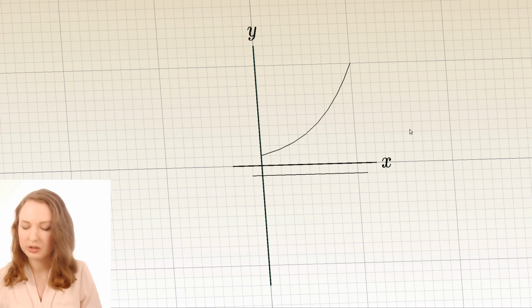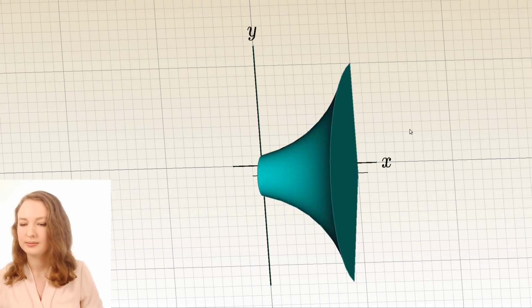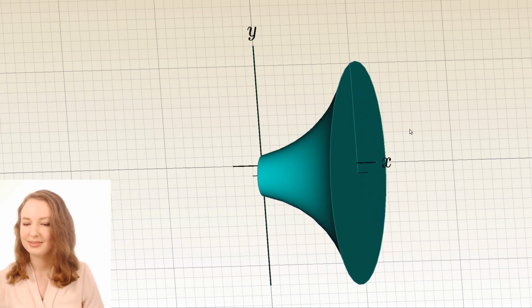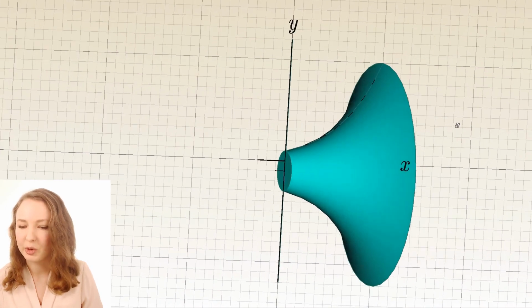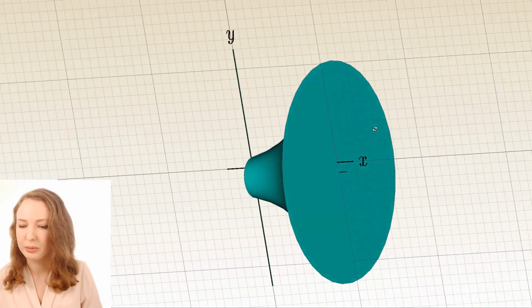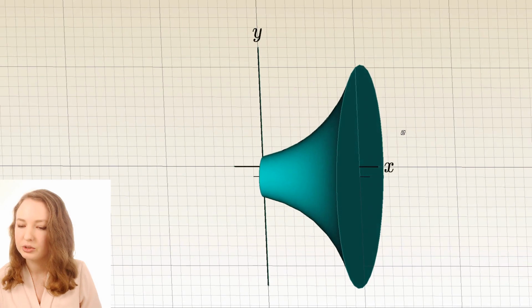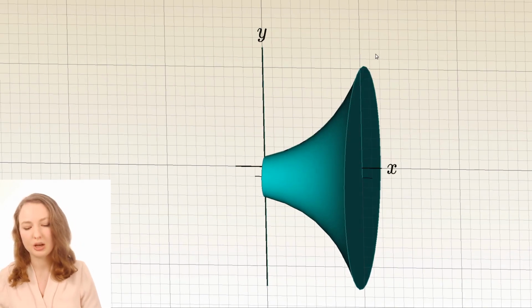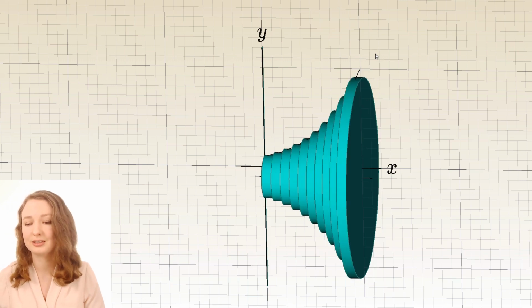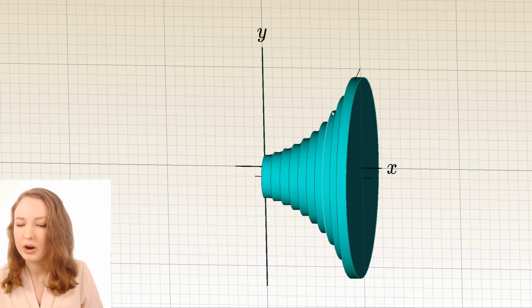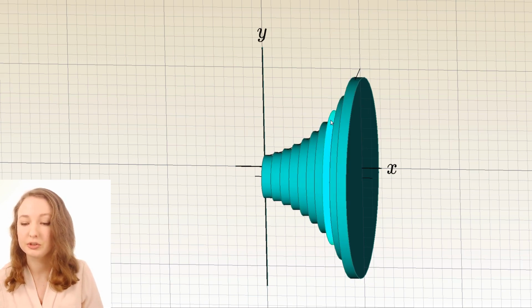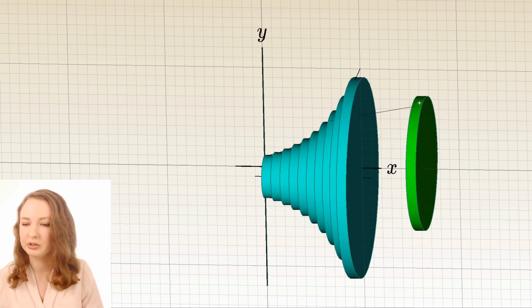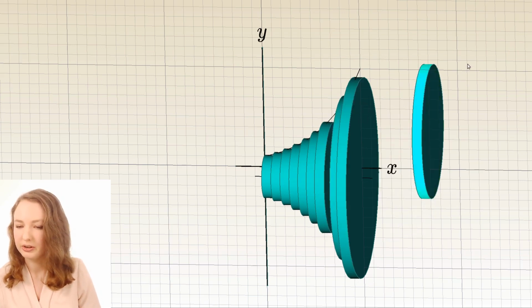So that's going to look like this. So that's the shape that we want to work out the volume of. Kind of a trumpet thing. And the way that we work out that volume is we imagine cutting that shape up into disks like this. And we can work out the volume of each individual disk. I'm just going to pull this out so that we can look at it.